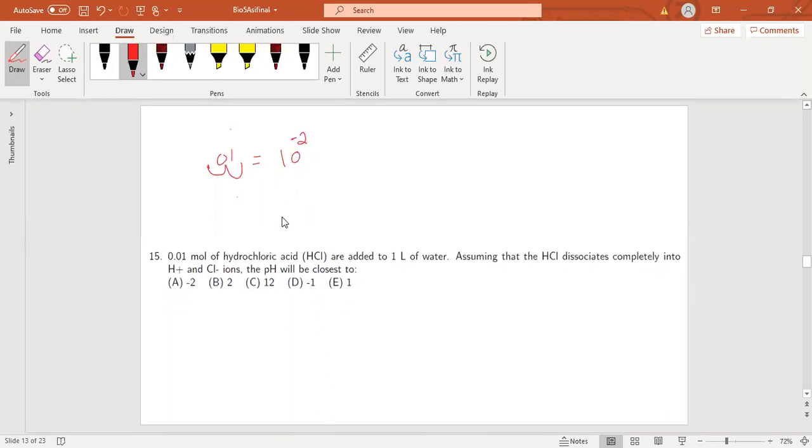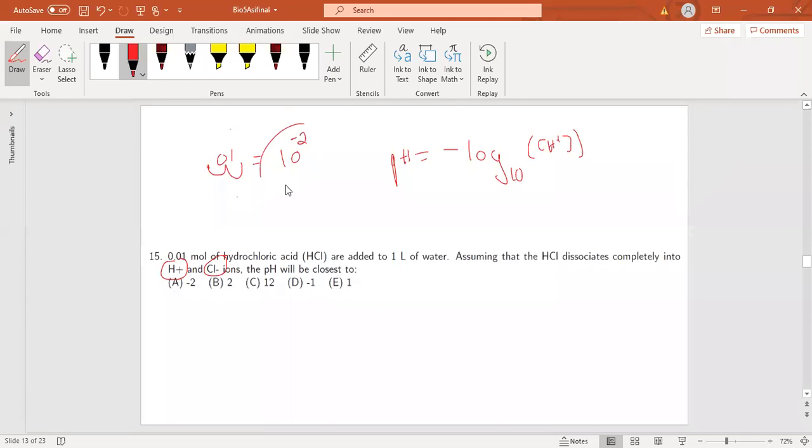And then we want to use the formula pH equals negative log 10 to the concentration of hydrogen ions. And in this case, we know that we have hydrogen ions because HCl dissociates into H plus and Cl minus, right? So we're not dealing with any OH here.